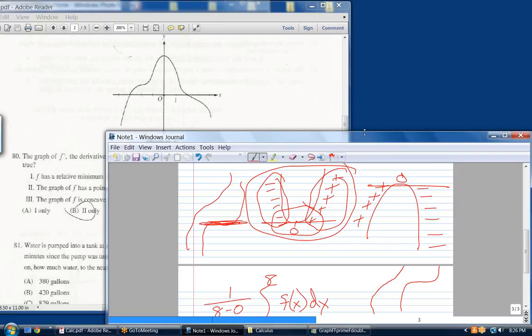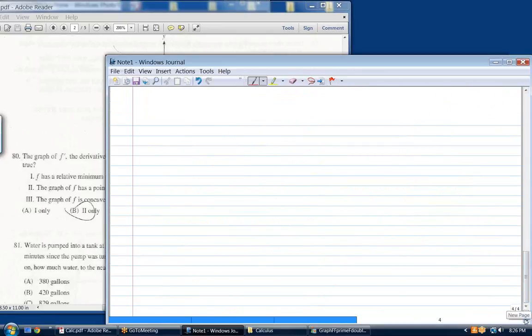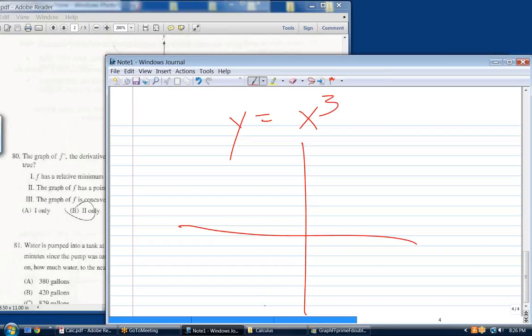Just as an example, let's take the curve y equals x cubed. This is the original function, which if I plot it, plots like this. That is an inflection point, because it's the difference between where it goes concave down to concave up.